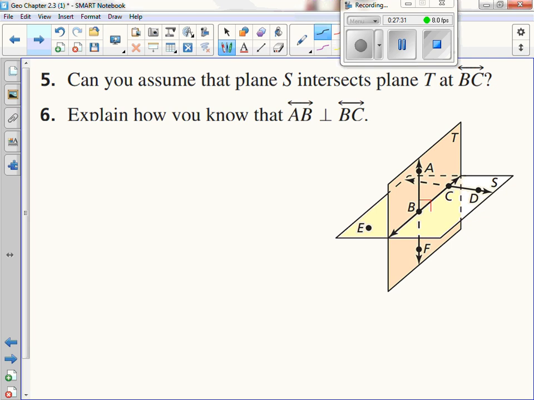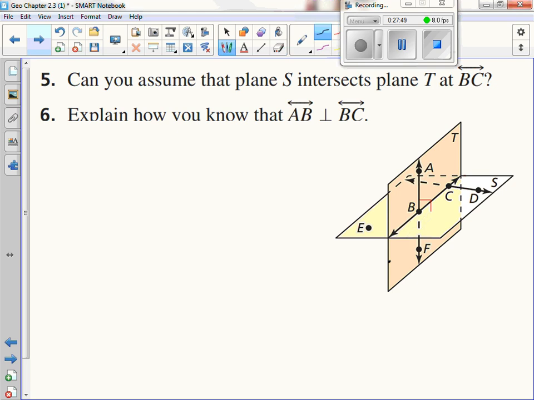Number 6. Can you assume that plane S intersects plane T at BC? Can we assume that? So plane T and plane S intersect on this line here, yes? And what is that line?